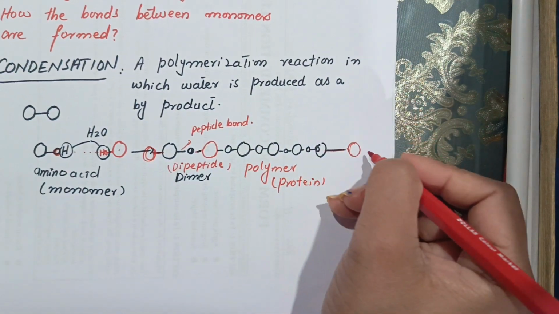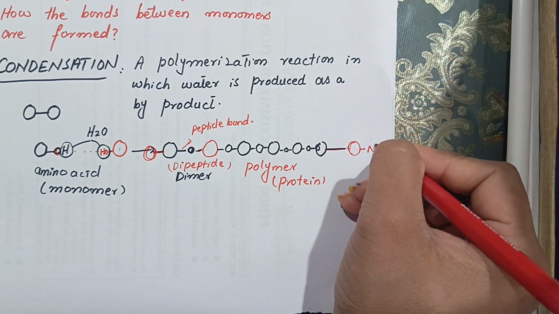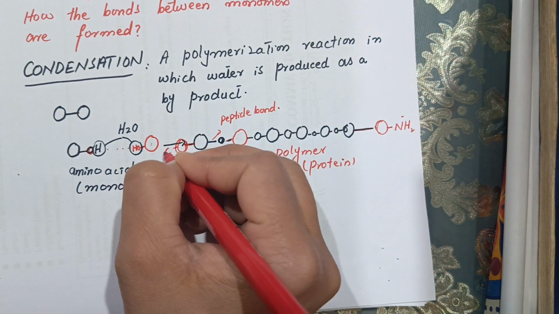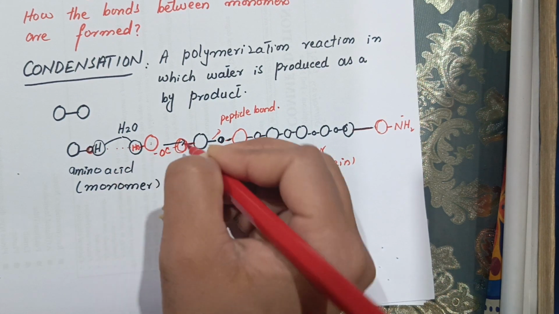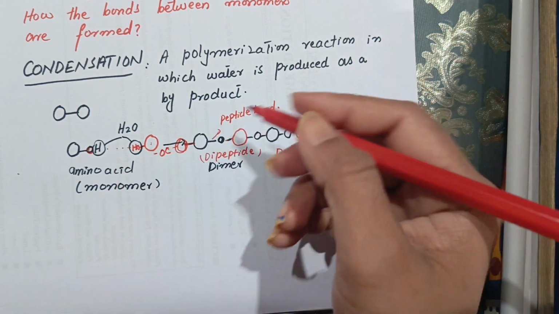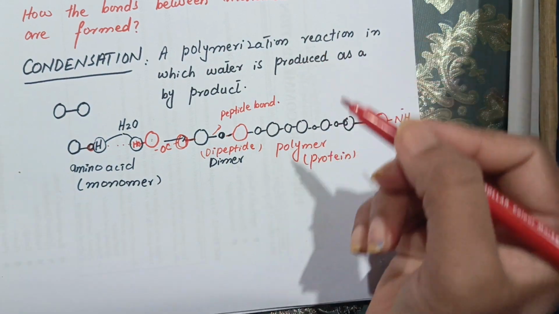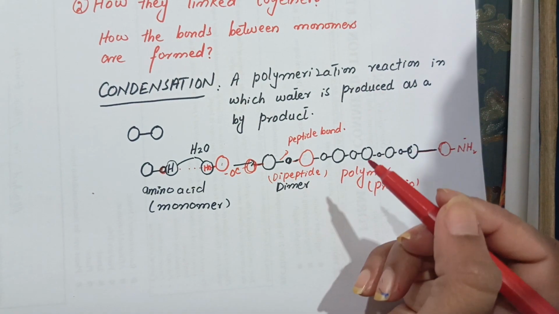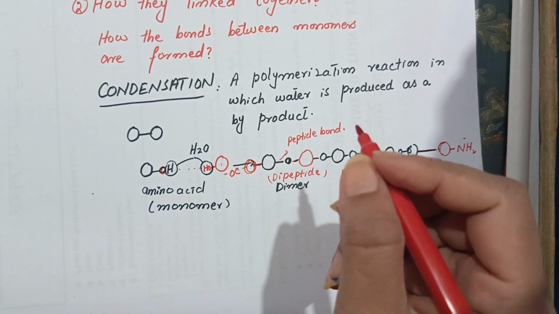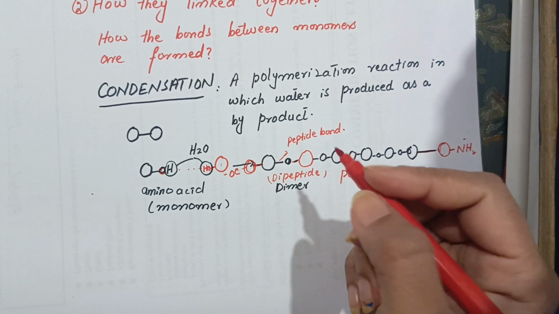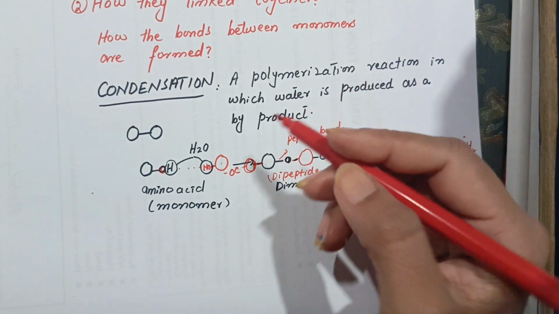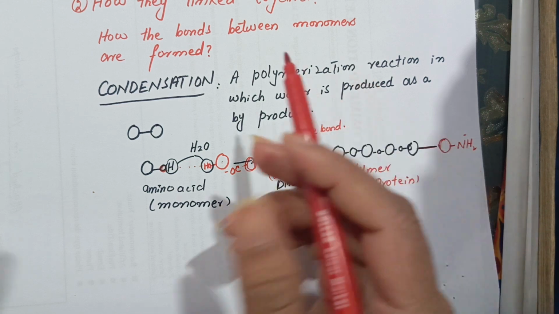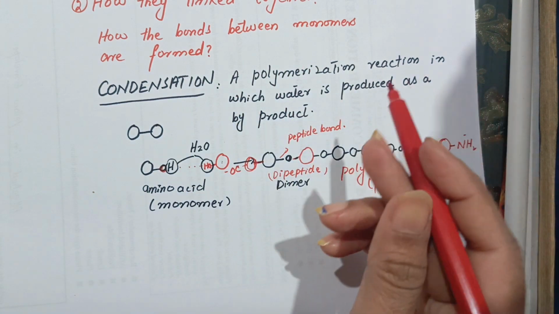In a protein molecule it will be the N side, or amino side, while this side will be the carboxyl side. Whatever the length of the polymer, these two sides are always available for further reaction. That means any other monomer can still attach and increase this chain.